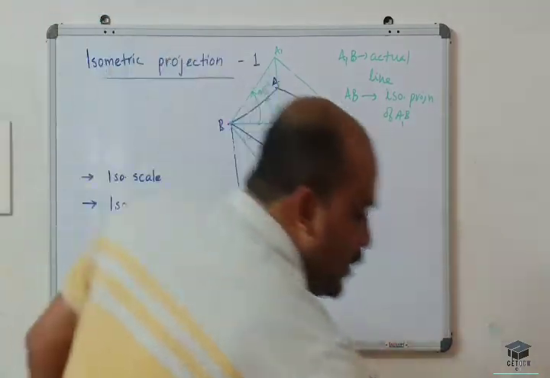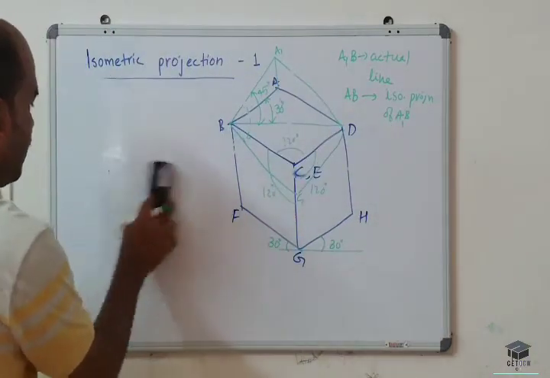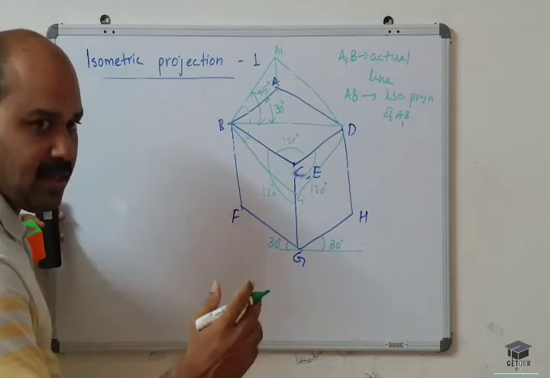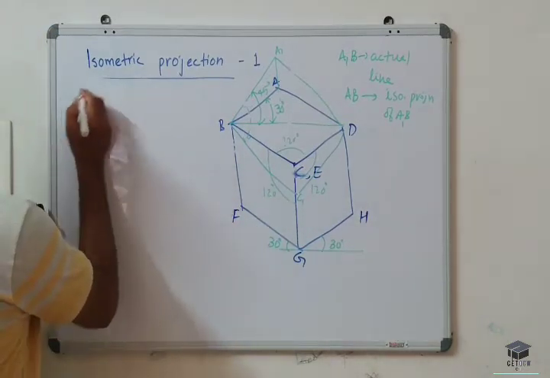Now we can define isometric scale. Actually, we already found the value of the isometric scale, but we can find it in another way. What is isometric scale?